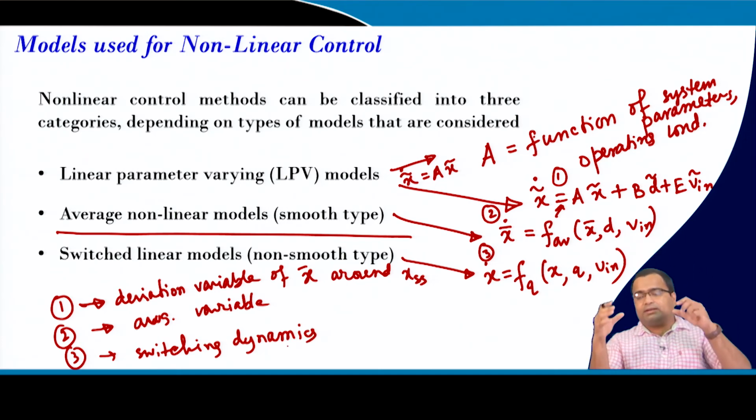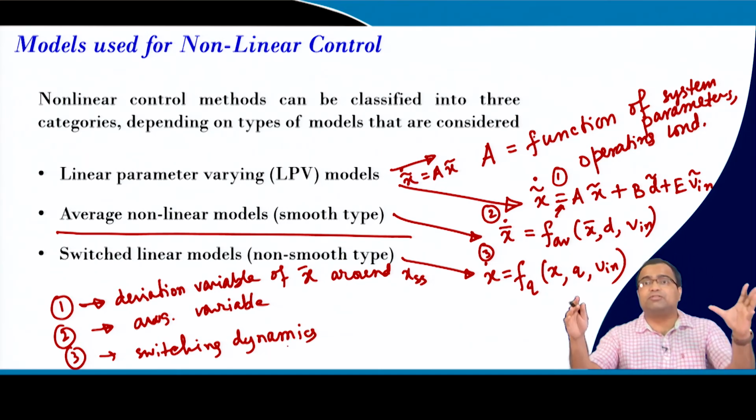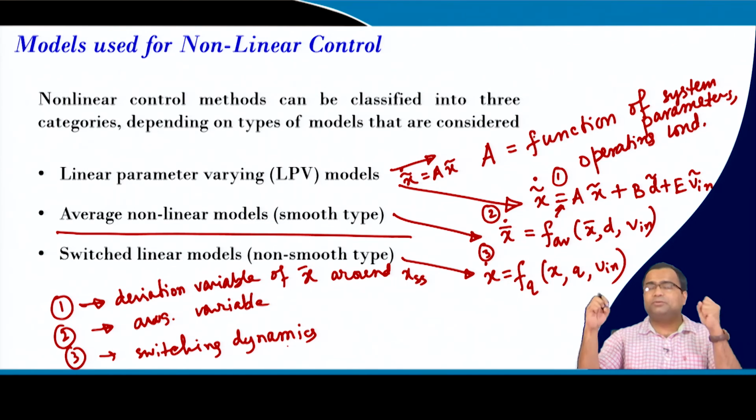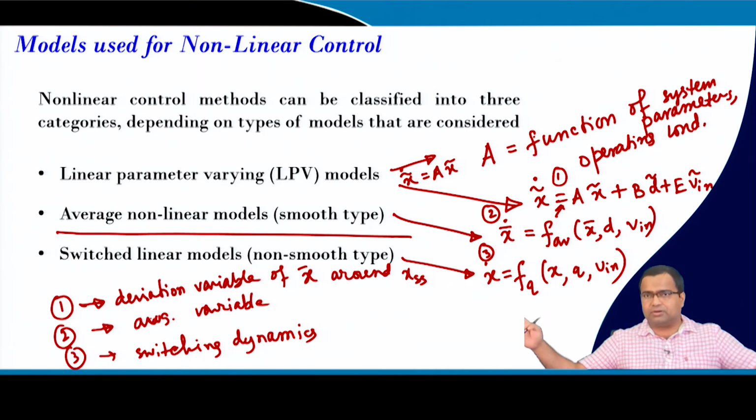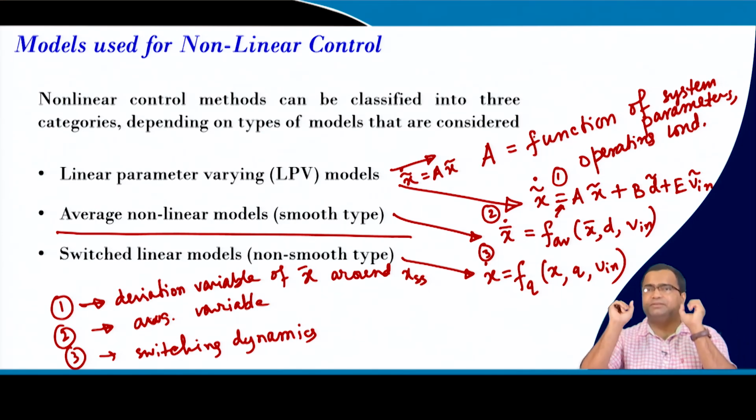So, in effect, the third one is the most accurate one, but it is also the most complex one, because it has switching dynamics. The second one is moderate and reasonably good, because you can vary the duty ratio widely, except for the saturation limit, and this model can capture that reasonably.